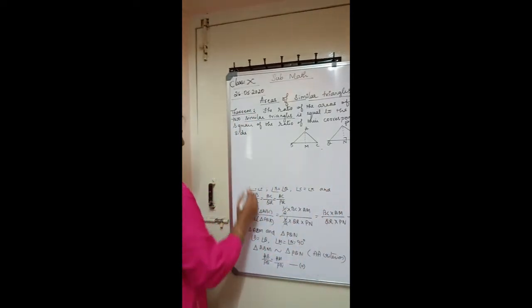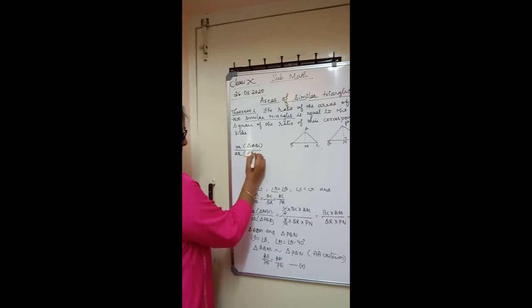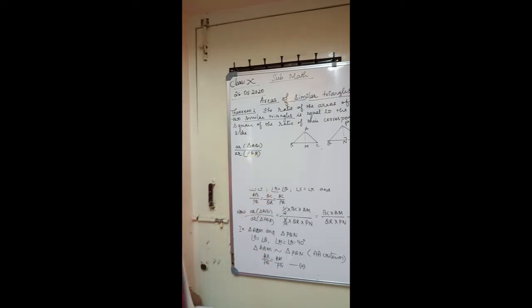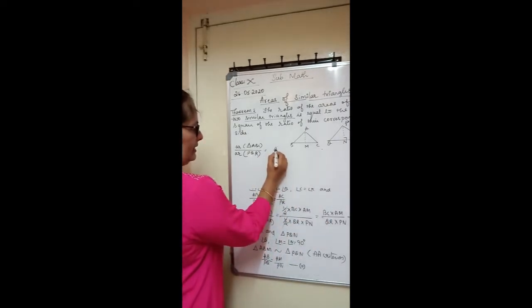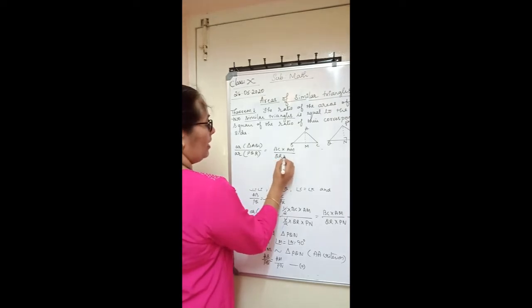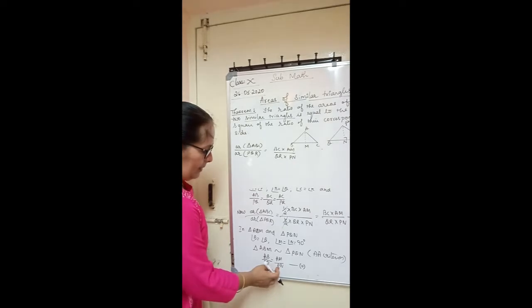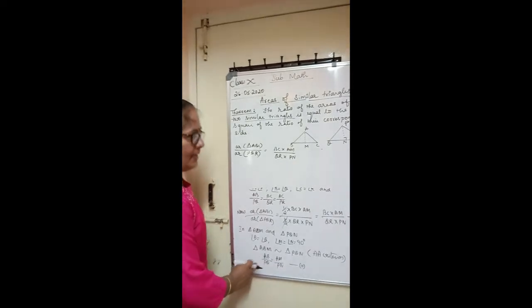Now see here, area of triangle ABC upon area of triangle PQR equals what you got? BC into AM divided by QR into PN. But AM by PN is what? AB by PQ.